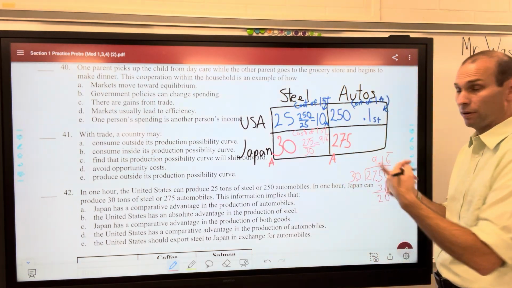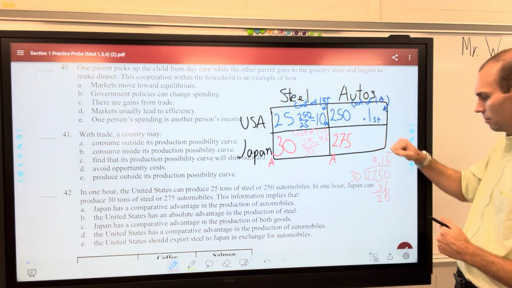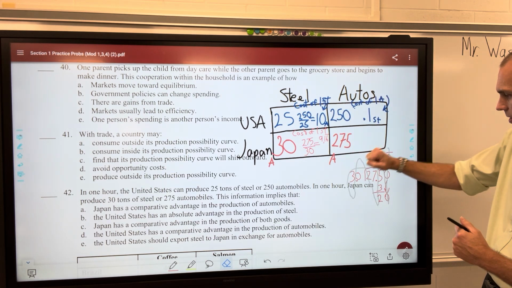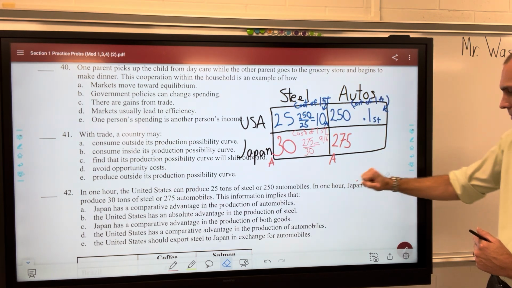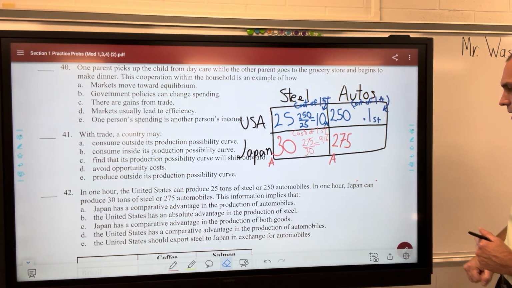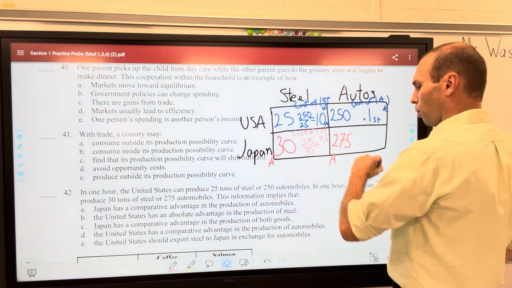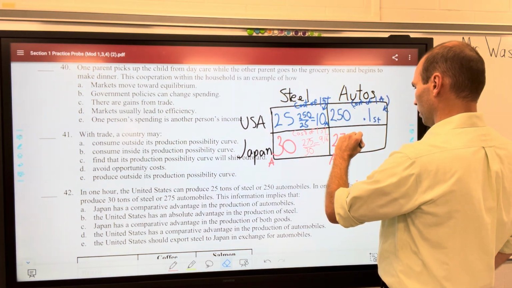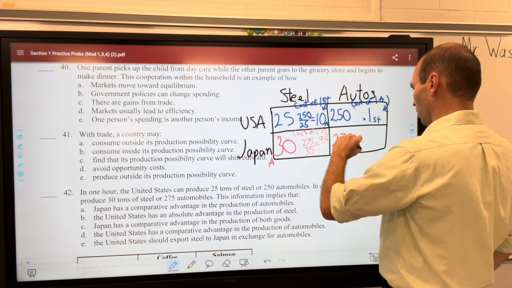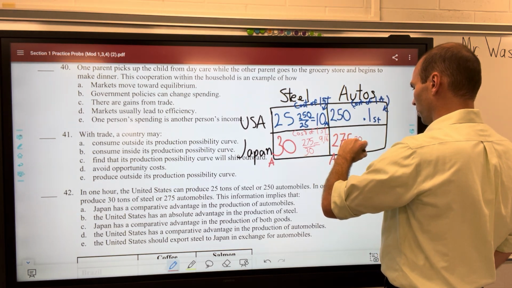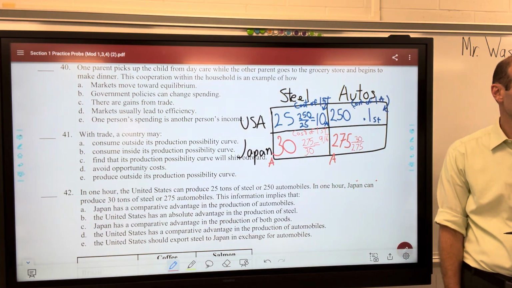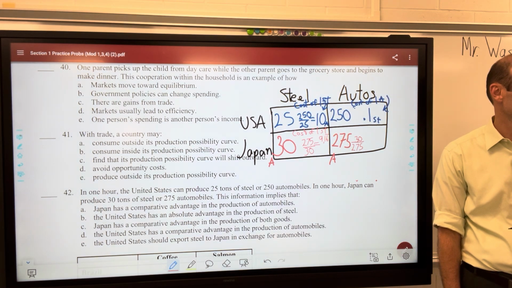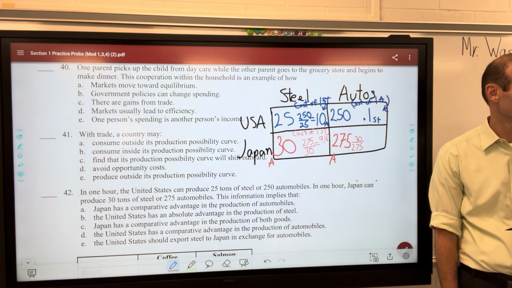And then over here, we flip it. Ooh, it's not the eraser I wanted, but okay. All right, so we go over here and we'll have 30 over 275. Guys, need me to show you how to divide again? So what's the answer?